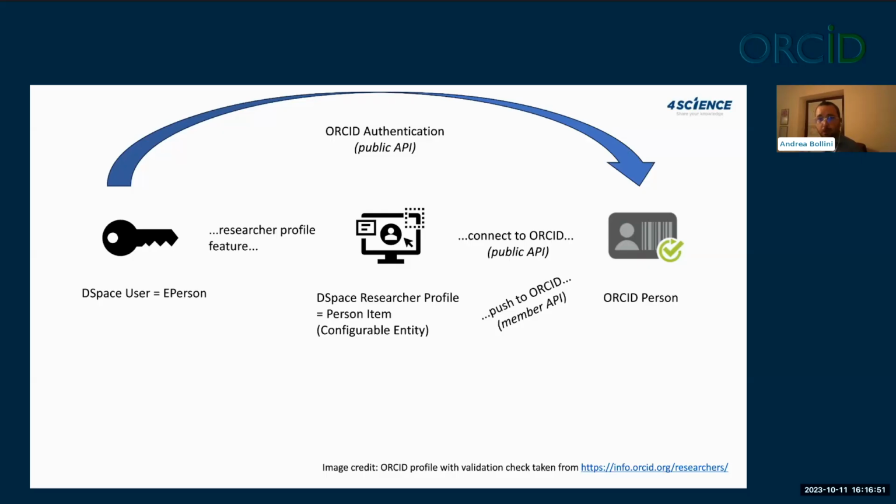If you want to push data to ORCID, you need to have established such a connection between the researcher profile and the person in the ORCID registry. And you need to use the member API to push data to ORCID. So to push data about a person, to push data about works and projects investigated by this researcher.